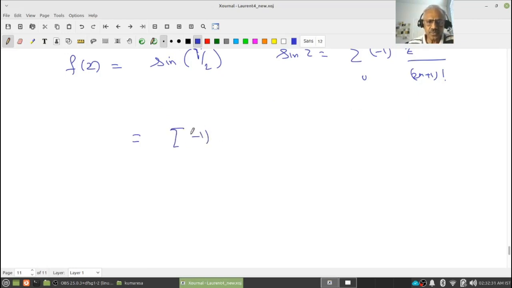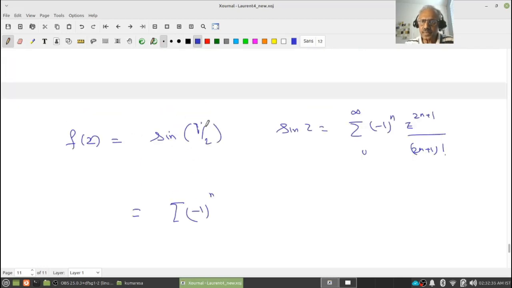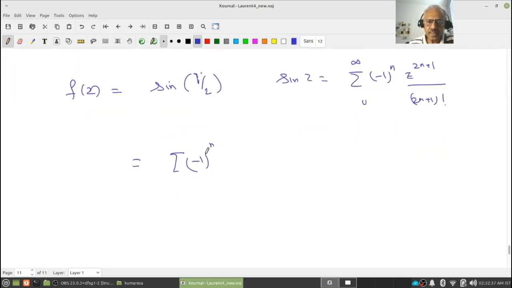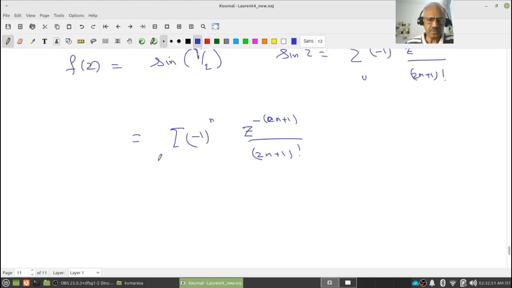Therefore I will have minus 1 to the power n, and this is going to be z to the power minus of 2n plus 1 by 2n plus 1 factorial, n equal to 0 to infinity.